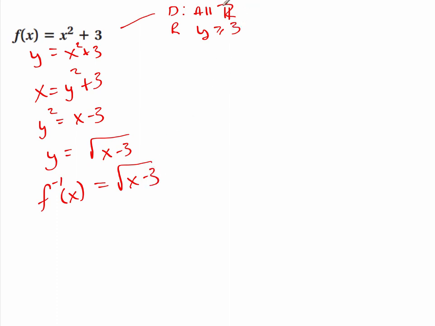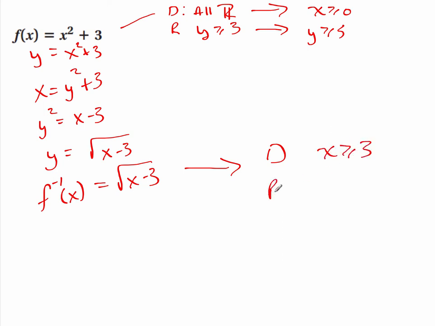What I want to do here is restrict my domain to be all x greater than or equal to 0. And my range is still going to be y is greater than or equal to 3. When I do this, the domain of my inverse is all x greater than or equal to 3. And the range will be all y greater than or equal to 0.